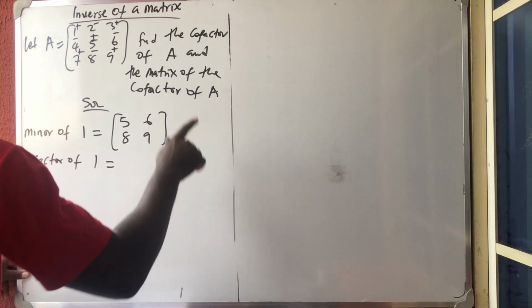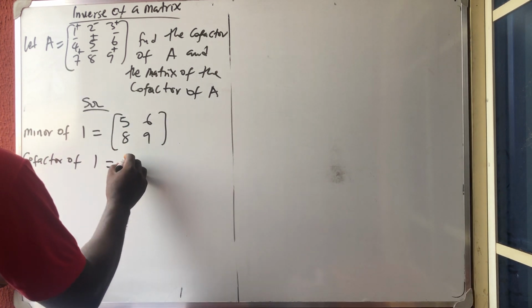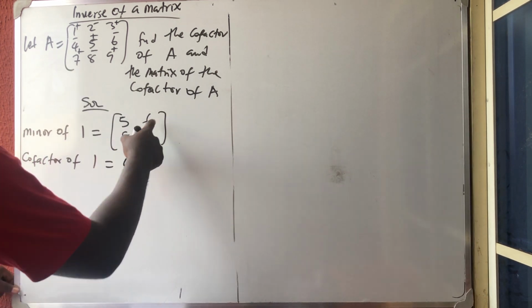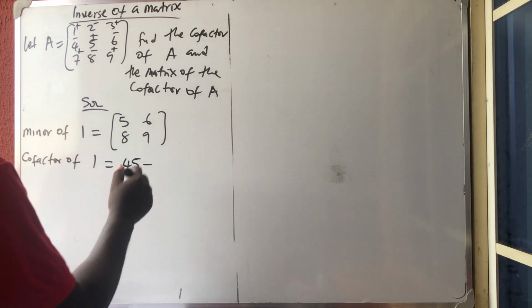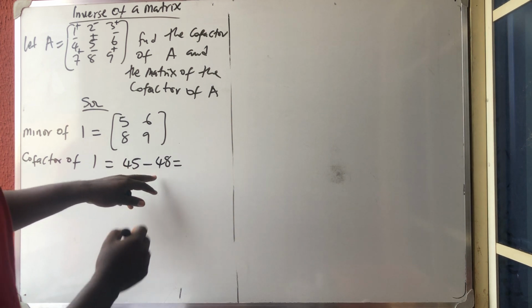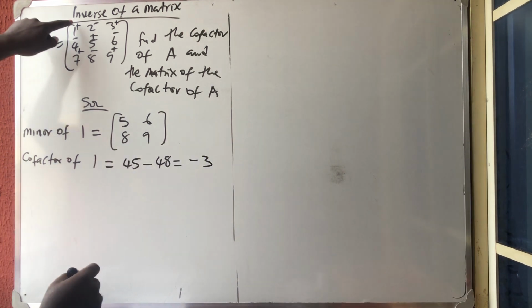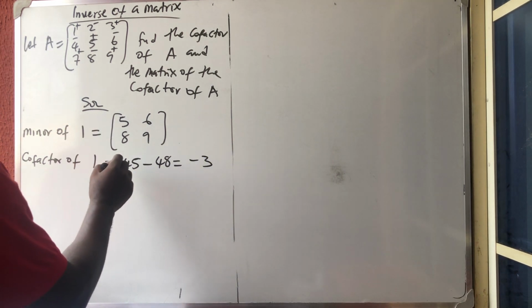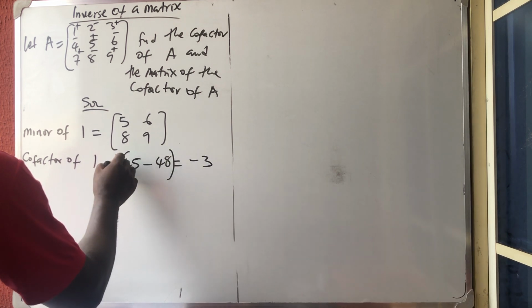Left, right: 5 times 9 is 45 minus 6 times 8 which is 48. So you have minus 3. Don't forget that this one is plus, so I'm going to use that plus here.